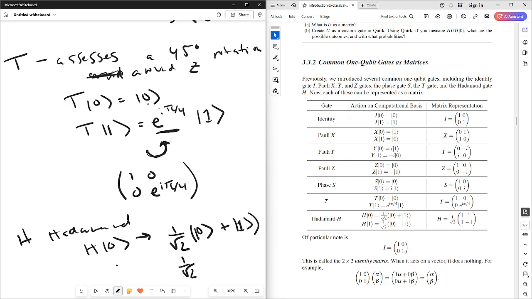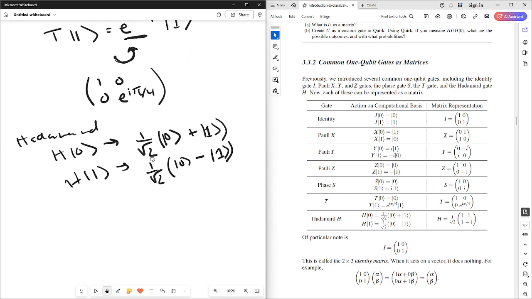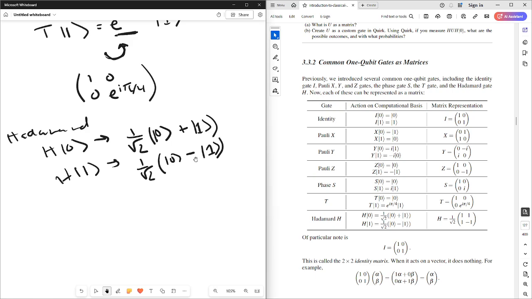Same thing when we apply it to 1. We wind up with a superposition of 0 and 1. However, you'll notice that when we apply it to a state 1, we are negating the amplitude for state 1. That's part of the transformation.